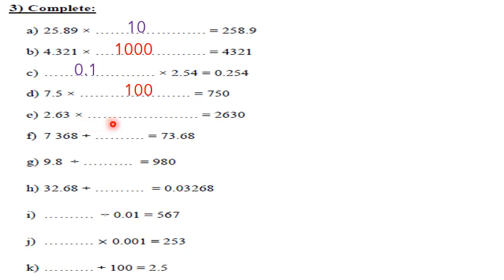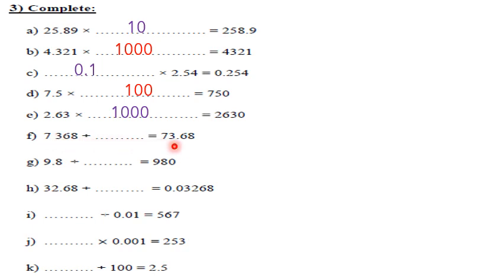2.63 times what? Give me 2,630. So let me see, the decimal point moves from between 2 and 6 and moves to the right 3 places and put here 0. 3 places to the right, that means times 1,000. 7,368 divided by what?